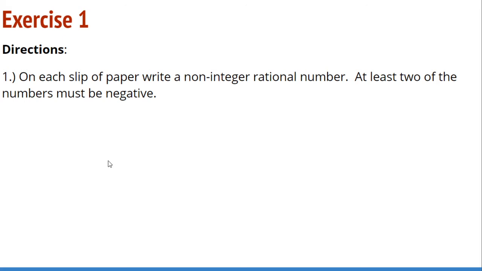So I've got 3/5, I've got -1 3/4, I've got 7/10, and I've got -1 7/10. So go ahead and pause the video and put these in order from least to greatest.